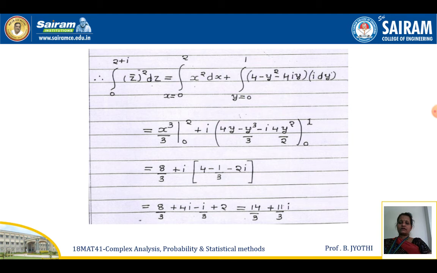So we get x as 2, that means 2 square 4 minus y square minus 2xy, which will be 4iy, into i dy, because when x is 2, dx will be 0. So an entire term is considered along with y.